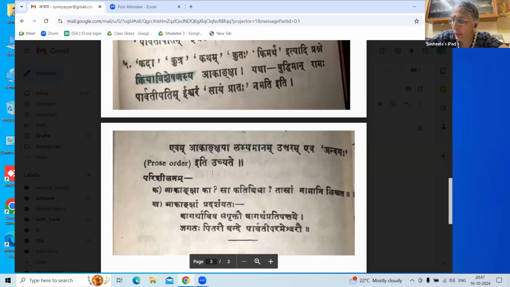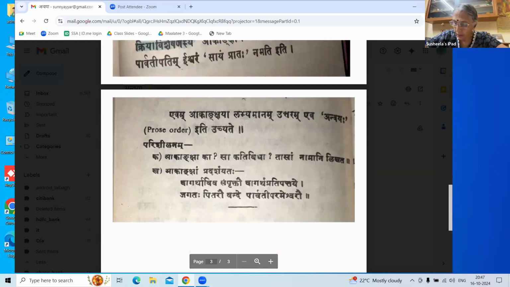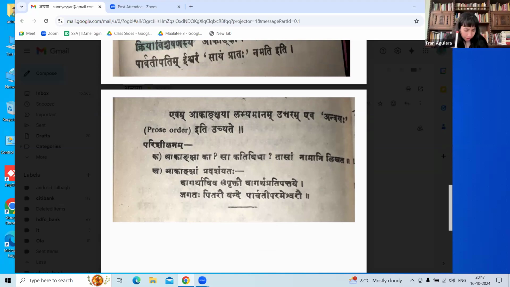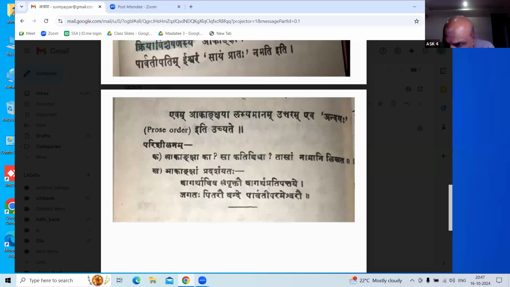Take your time. So it's Yatha Vagartha Iva Samprktau Vagartha Pratipattaye Tatha Jagatah Pitarau Parvati Parameshwarau Vande. Aham Vande, correct.